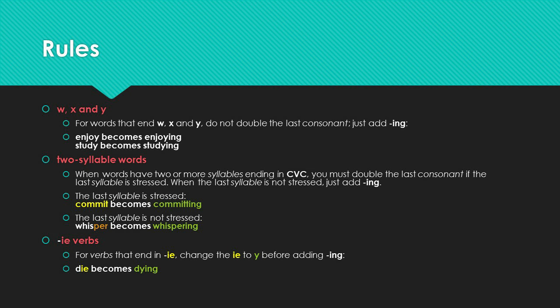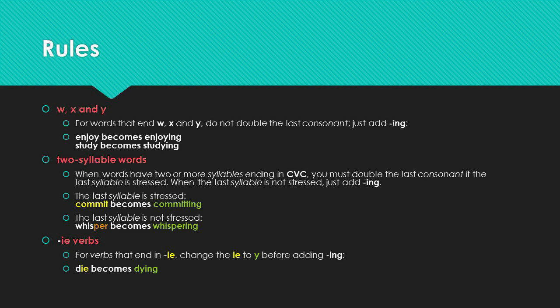For example, when the last syllable is stressed, we have commit, right? If you separate the word in two syllables, we have com, mit. So the syllable that is stressed is the second, right? So that's the reason that we write the word with a double T when we are talking about present continuous. So commit becomes committing, right?